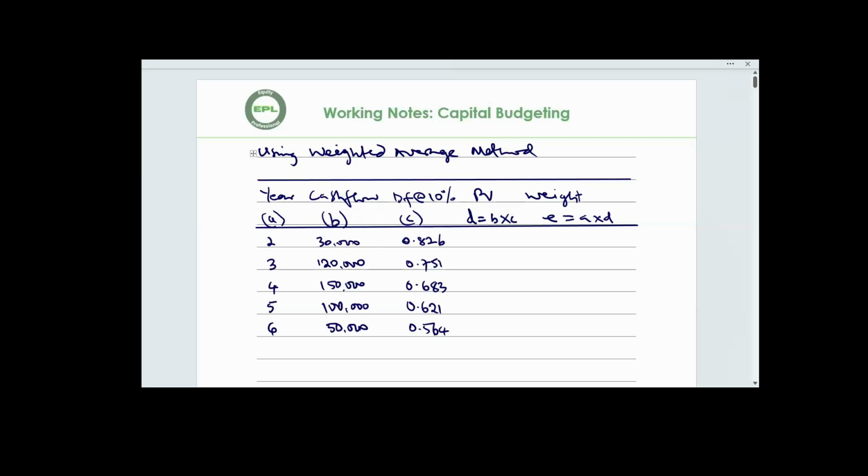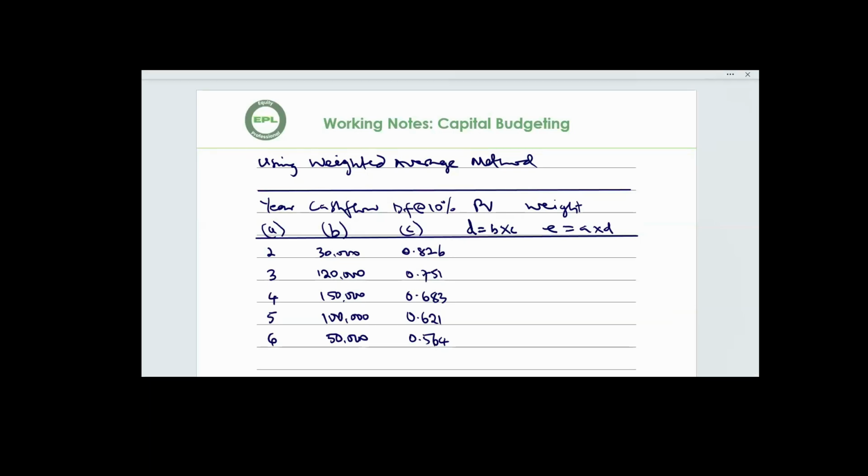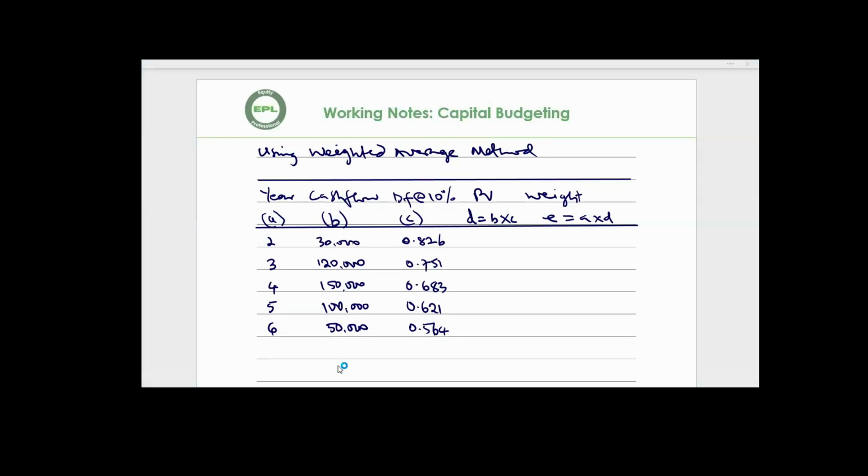Okay, so at this point, we need to get the present value for each year. Therefore, 30,000 multiplied by 0.826 equals 24,780.